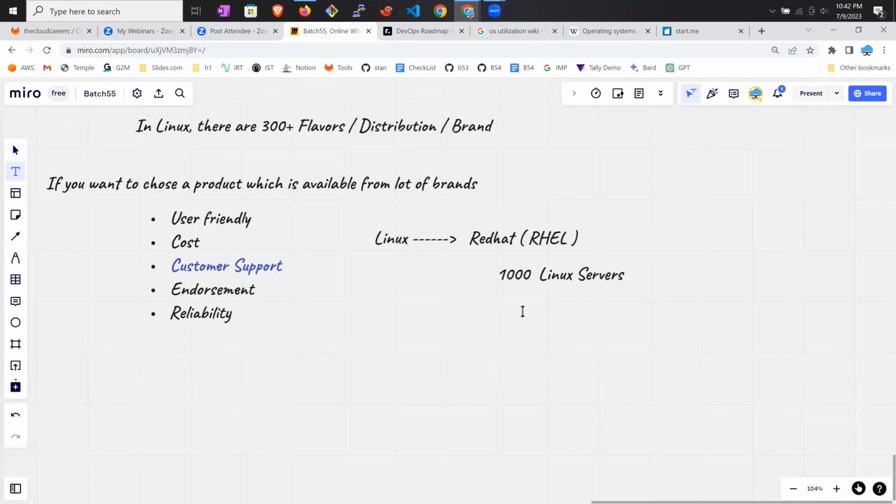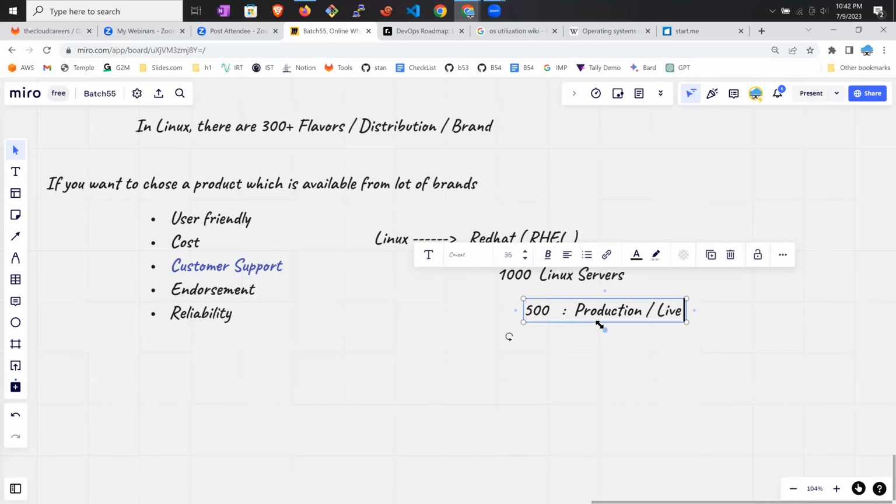Out of these 1000 servers, 500 will be production servers, or customer servers, or live servers. 250 servers are production or live servers. And 250 of them are pre-prod, which is nothing but servers which are very close to the live ones.